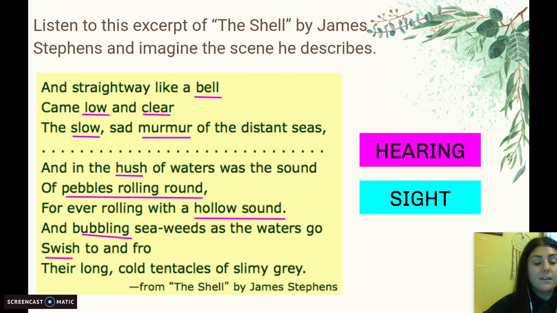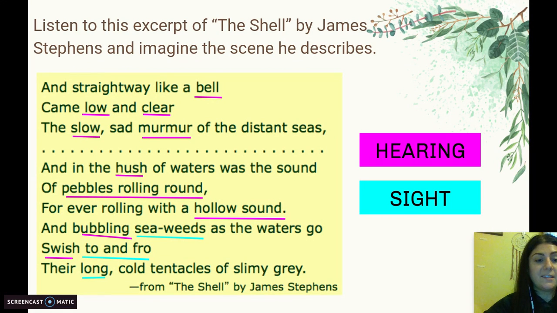And okay, there's also sense of sight that I see here as well. One sense of sight is that I could see the seaweeds. They're describing the seaweeds so well. It's a bubbling seaweed, so it's making a sound. To and fro, so going back and forth. I could see it going back and forth.